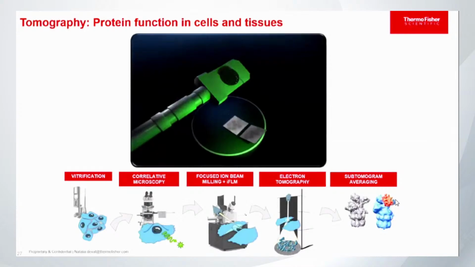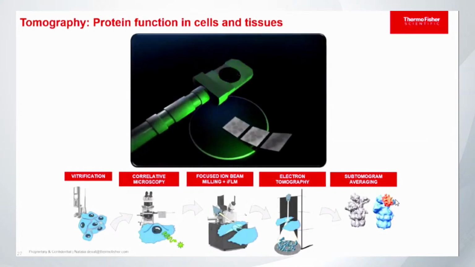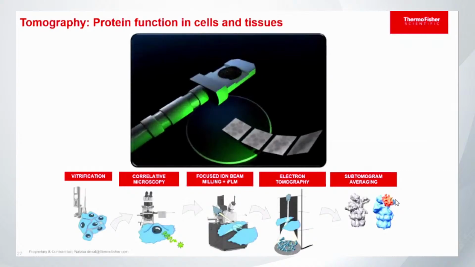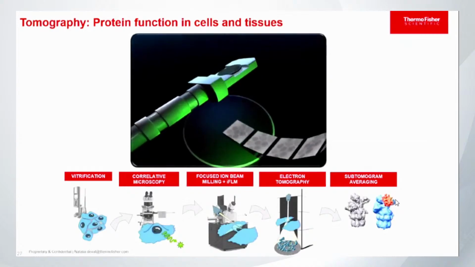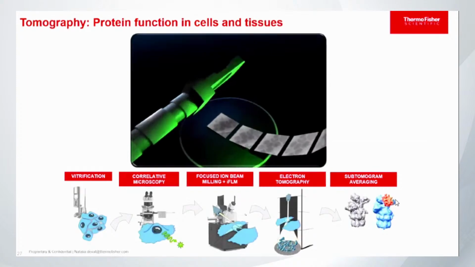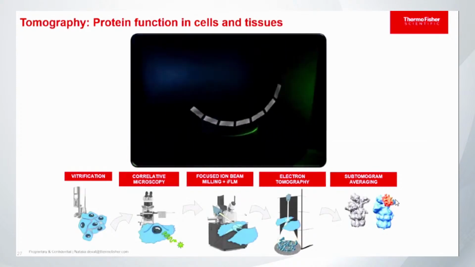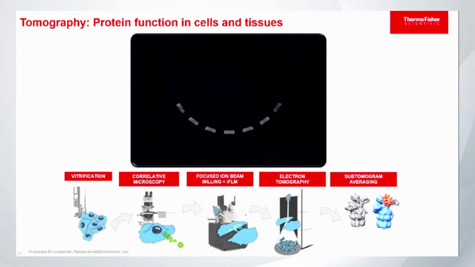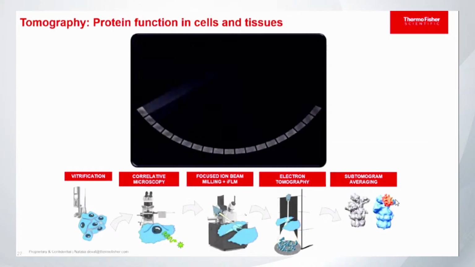Another big difference between single particle and tomography is the way you collect the data. In single particle, you don't tilt the stage in the microscope. In tomography, you tilt the stage, usually from -60 or -70 degrees to +60 or +70 degrees, with increments of 2 or 3 degrees.